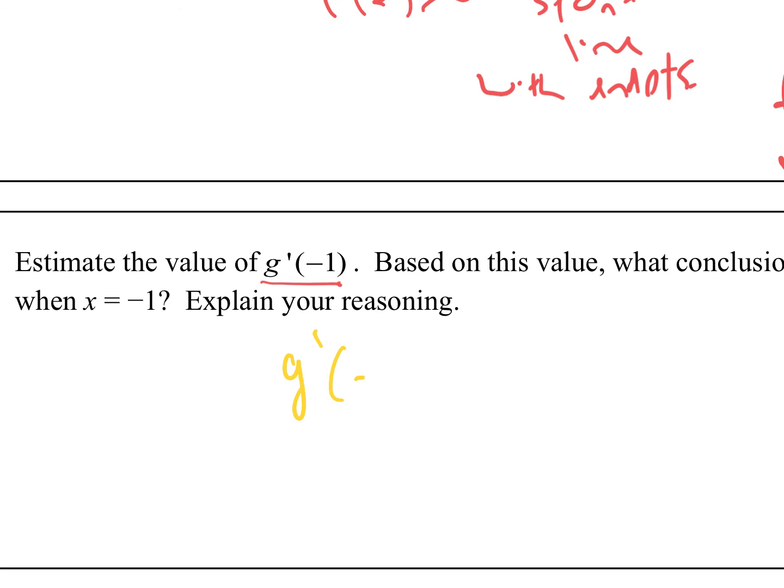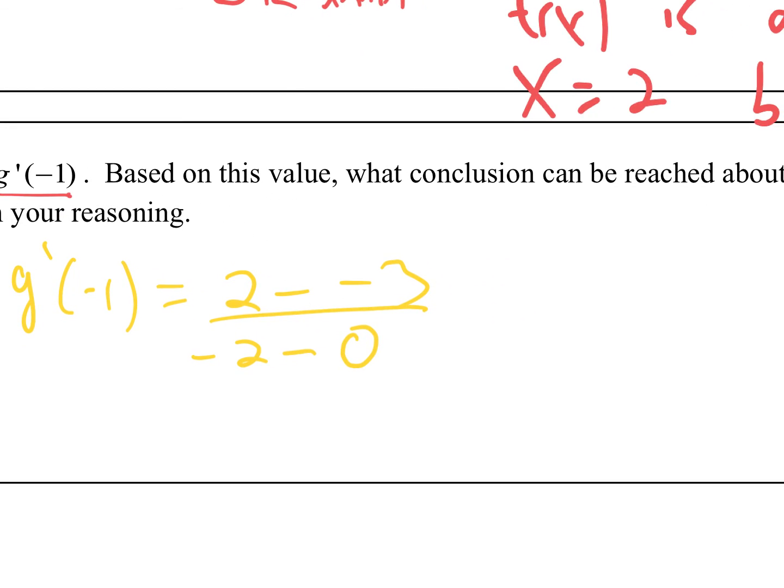g prime of -1 equals to, give me one of the y values that I circled. 2. Give me the other y. -3. Give me the x that went with the 2. -2. Give me the x that went with the -3. 0. That looks to me like a 5 over a -2, which would be -5/2.